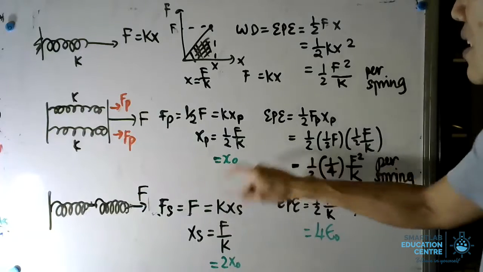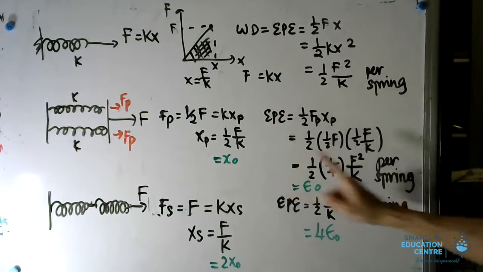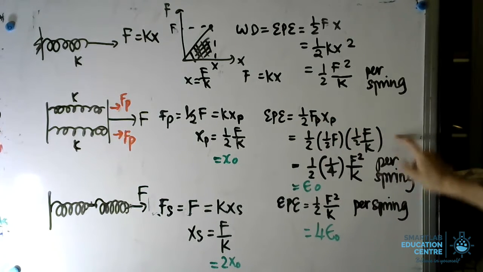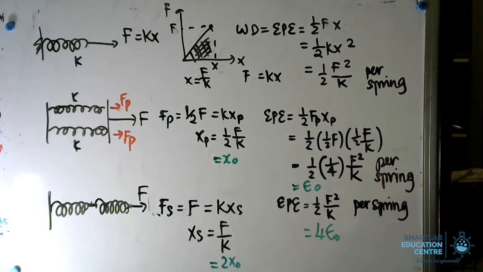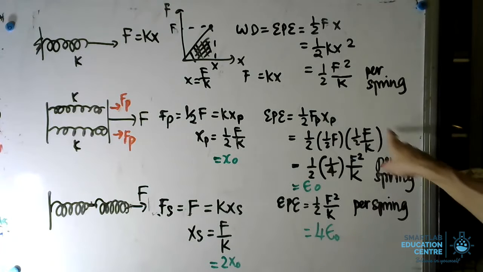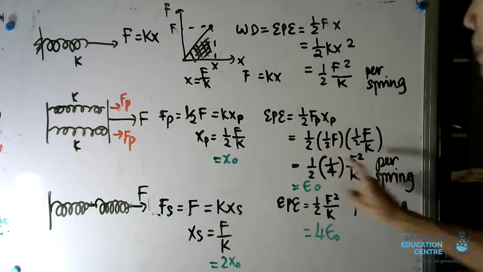So therefore, Xp is half F divided by K. In terms of elastic potential energy stored per spring, it will be half Fp Xp, and mathematically you will end up with half multiplied by 1/4 of F squared divided by K. So that's the energy stored per spring. Certainly, if you want to calculate the total energy stored, then you actually have to multiply by 2.